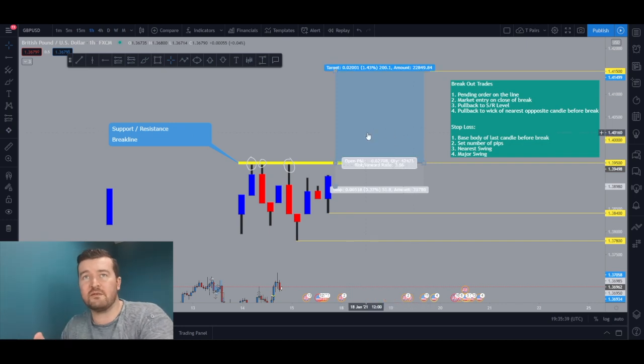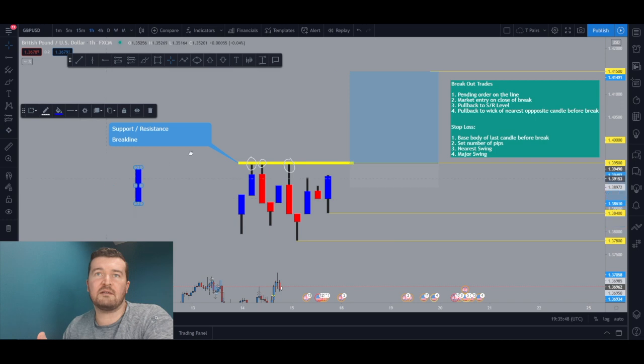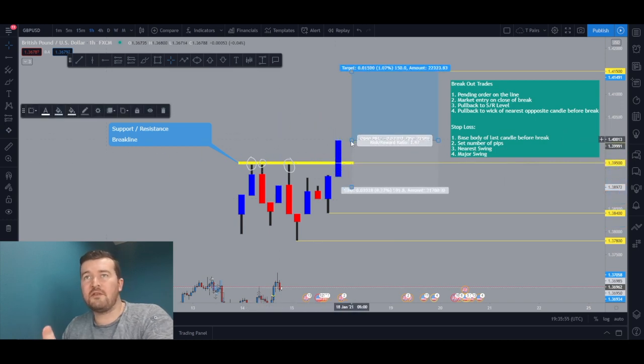So the first one which we've got is on the line. The second one which we had was the market entry on the close of the break. So bringing this back, the entry would be there. And then the third one, again, is the bounce back, so the pullback.